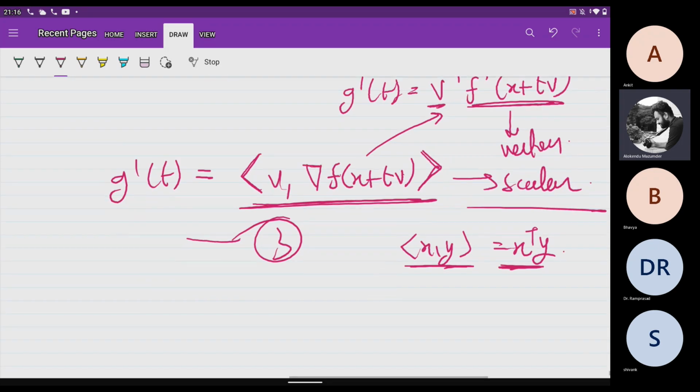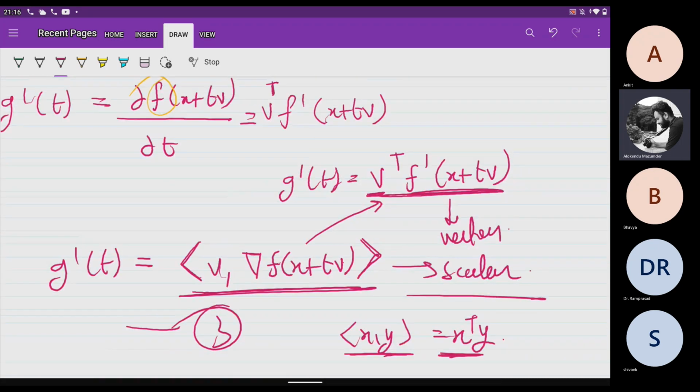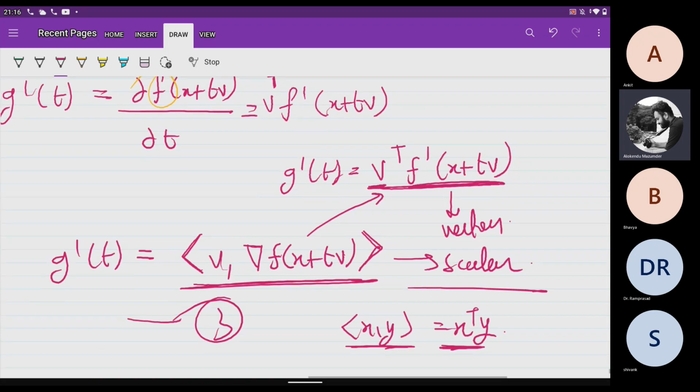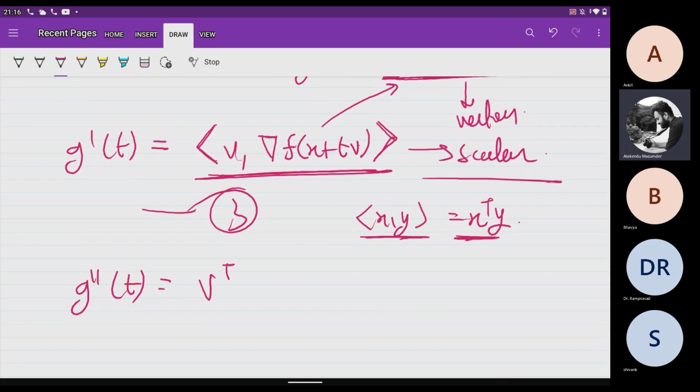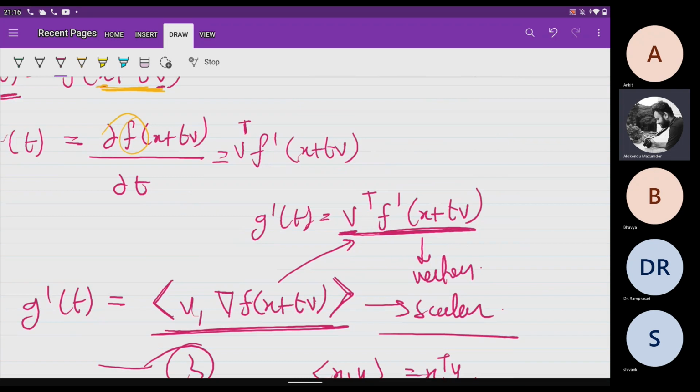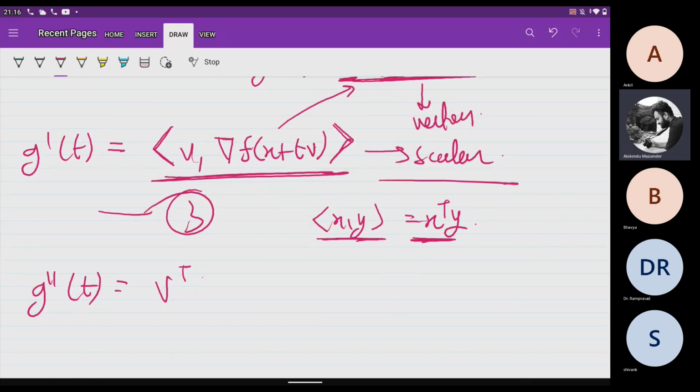Now double differentiate g. From here, if I again differentiate it, v transpose will be constant and I have to take another derivative of f dash.